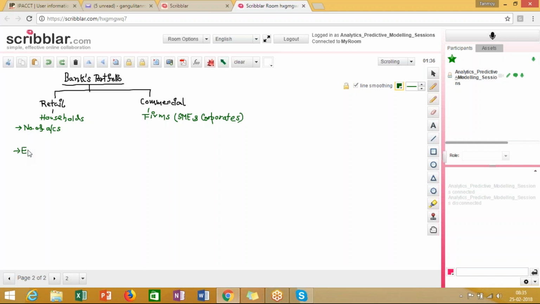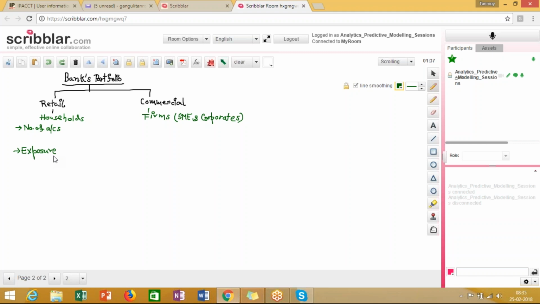As per the Basel norms, the number of accounts for a retail portfolio is very large, and the exposure of each account is less than 1 million euro. So if you have done lending to an account with an exposure less than 1 million euro, you will consider it to be a retail portfolio.